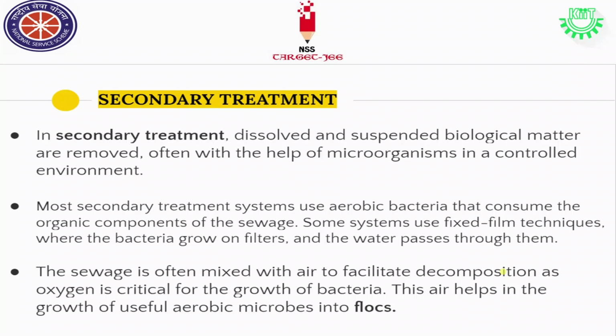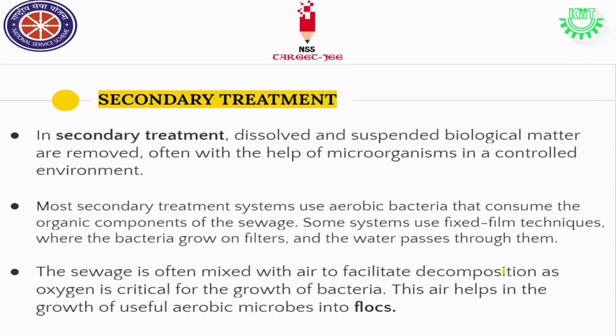Most secondary treatment usually uses aerobic bacteria that consume the organic component of the sewage. Some systems use a fixed film technique where bacteria can grow on filters and water passes through them. The sewage is often mixed with air to facilitate decomposition as oxygen is critical for the growth of bacteria.